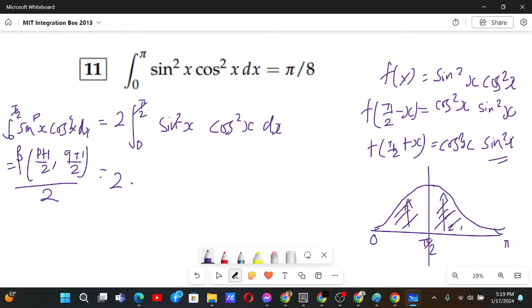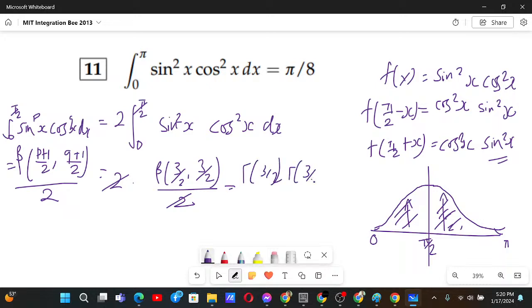Then this will be 2 times, we have beta of 3 by 2 comma 3 by 2 over 2. Yeah, 2 cancels out and we have gamma 3 by 2 gamma 3 by 2 by gamma 6 by 2. Actually beta A B is equal to gamma A gamma B by gamma A plus B. So gamma 6 by 2 is gamma 3.